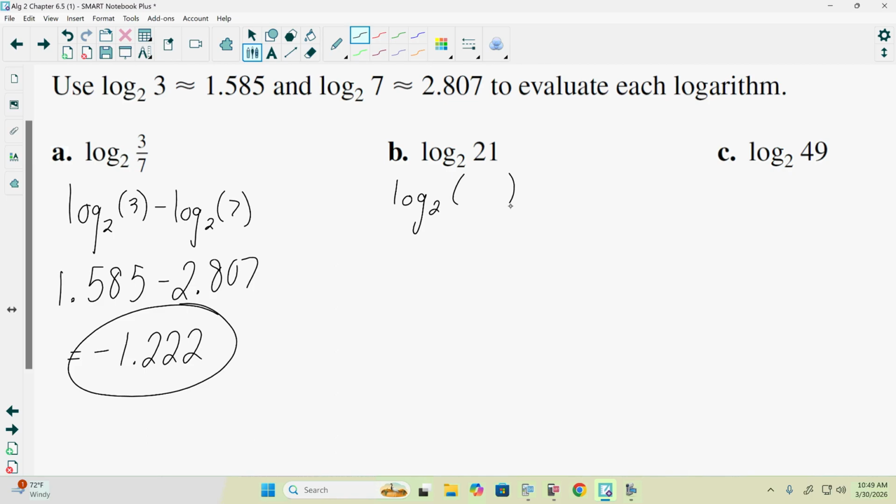Multiplication, it's what? 7 times 3, 3 times 7. So we can rewrite 21 using this product. And according to our product property, this is the same as log base 2 of 7 plus log base 2 of 3.